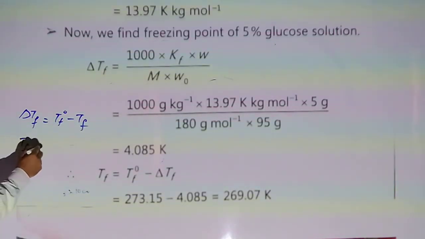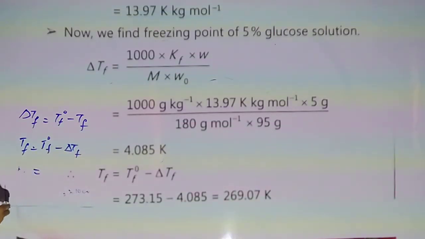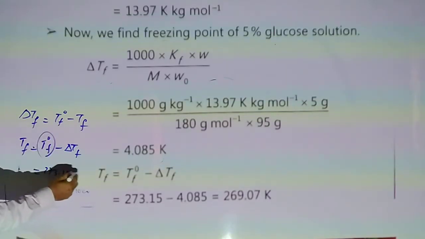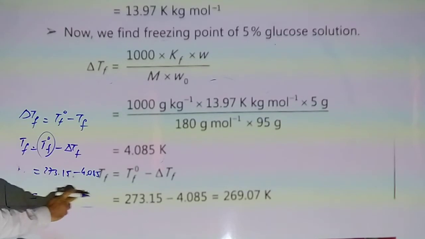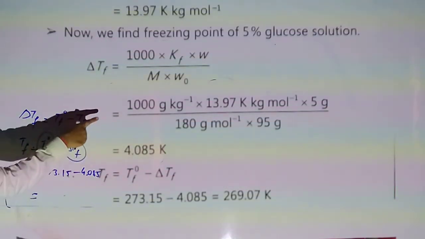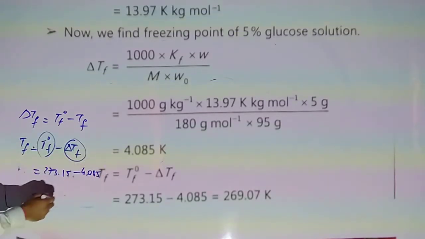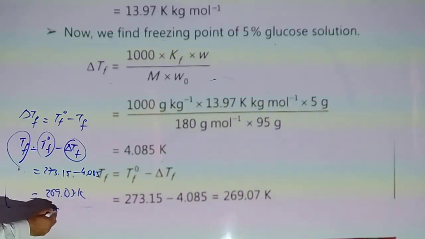So TF will be T degree F minus delta TF. The pure solvent freezing point is given. Change in depression in freezing point derived 4.085, so it gives the freezing point of our solution.